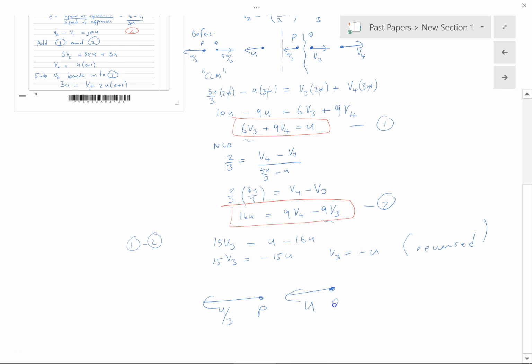And now Q is going with speed U, but it's reversed in direction. And because U is greater than U over 3, there will be a further collision. And that's it. End of paper.